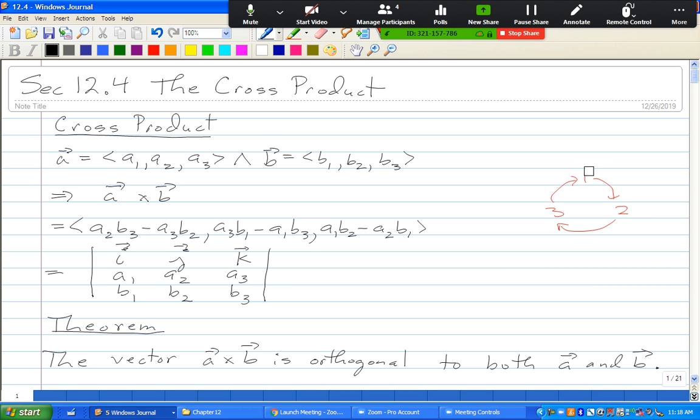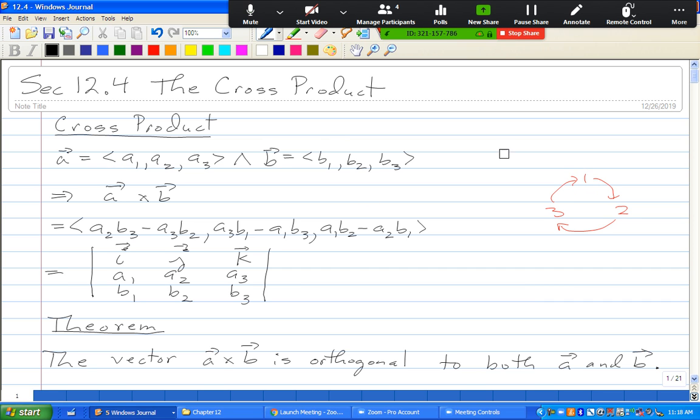Or you can put down 1, 2, 3. You start with 1, so the first component will be 2, 3. So it's A2 times B3, then go in the opposite direction, minus A3 B2. Then the second component would be 3, 1: A3 B1 minus B3 A1.